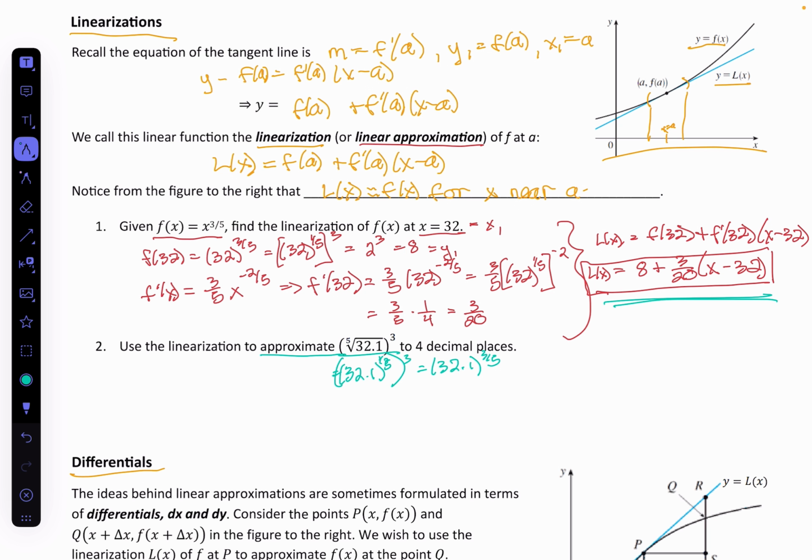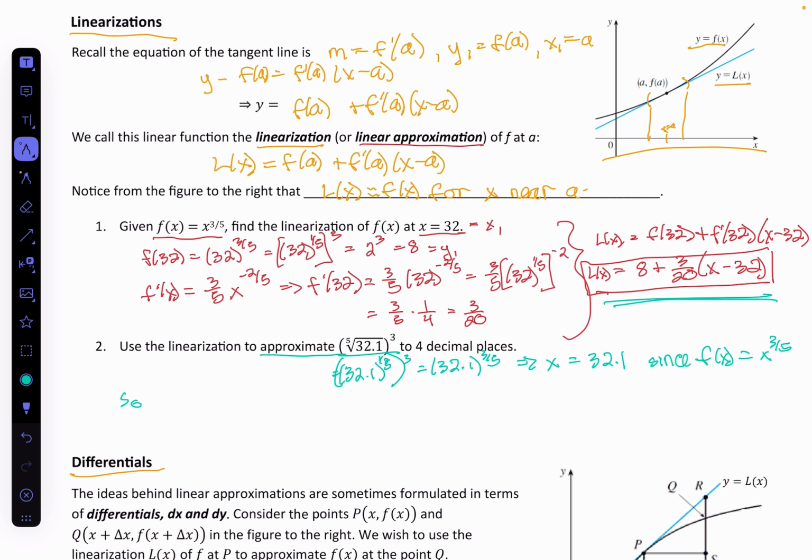So if we were substituting this into our function, f of x equals x to the 3/5, this means that x is going to be 32.1.